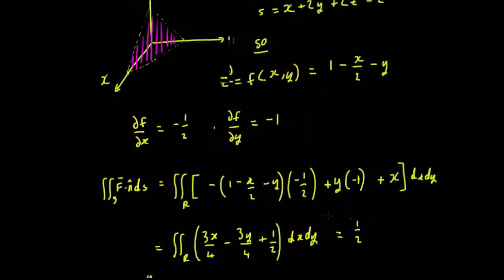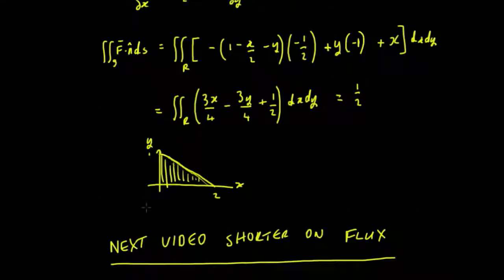Now whenever we multiply all this out, you end up with a double integral over some region of 3x upon 4 minus 3y upon 4 plus a half dx dy. And whenever you work out that value, it's over some region, the region projected onto the xy plane, which just gives us this little value here.